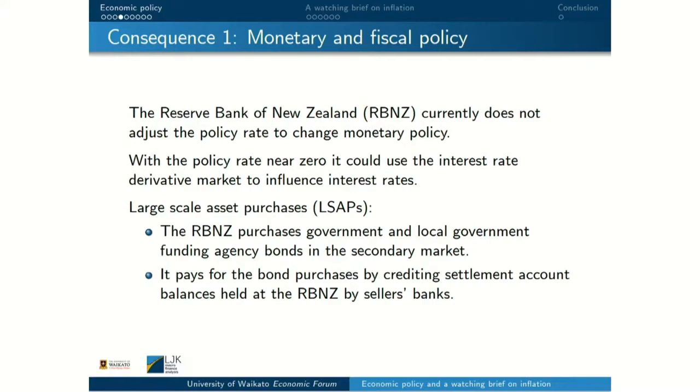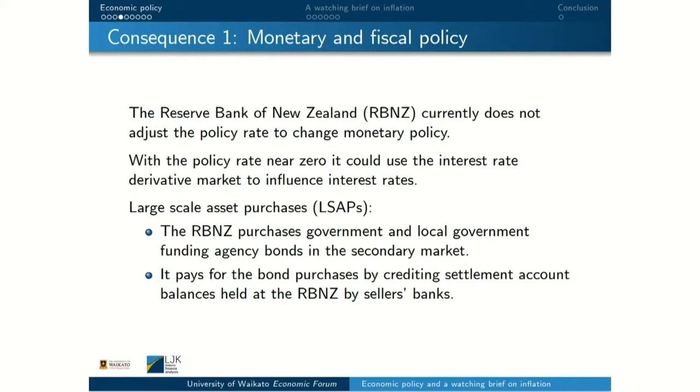So the Reserve Bank of New Zealand currently does not adjust the policy rate to change monetary policy. The policy rate, the overnight cash rate, or OCR, is near zero. So the Reserve Bank could have continued to influence interest rates by using the interest rate derivative market.